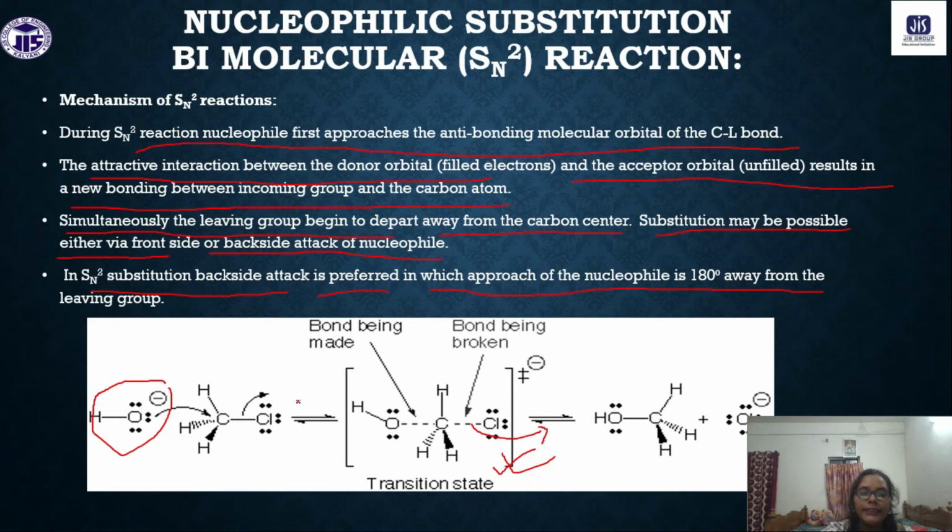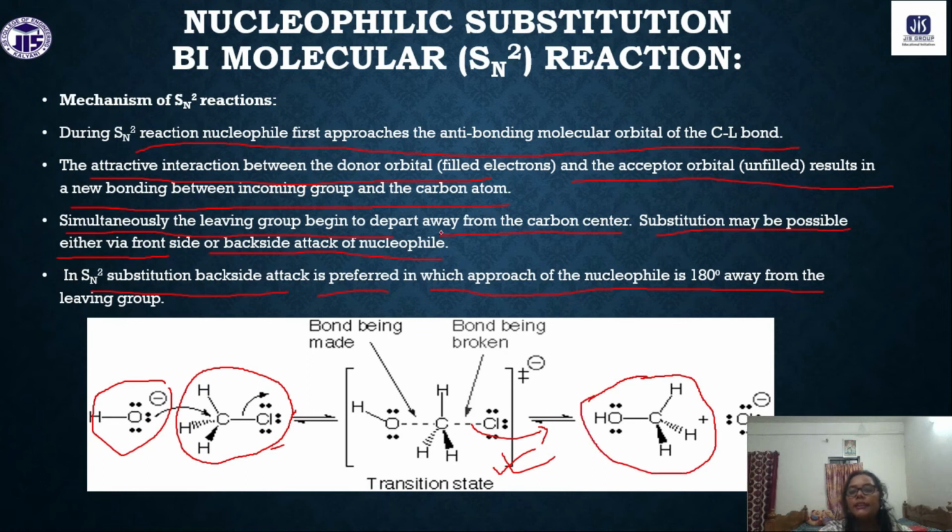You can see here the configuration of the first molecule. While the OH minus attacks from the back side, the configuration is just reversed because of this. These are some of the mechanism details and the main features of the SN2 reaction.